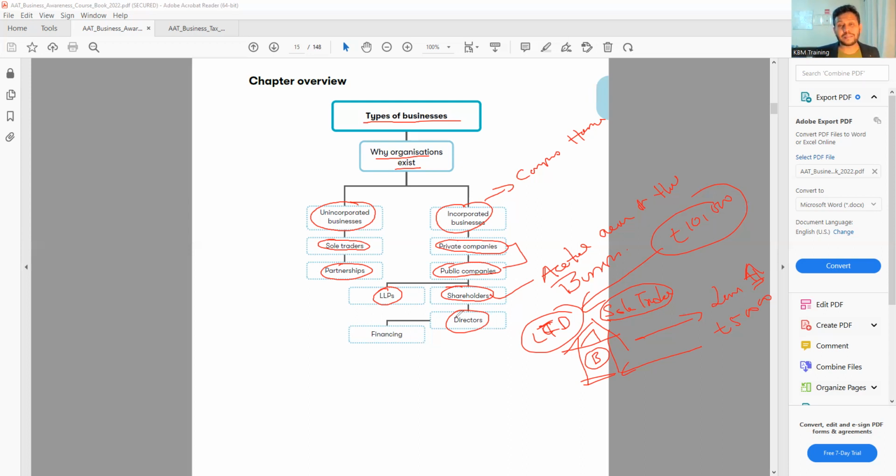So the business can buy the asset in the business name. We really don't have to use the director's name, because the director is like an employee. They're working today, tomorrow they can leave, so obviously they will not take the asset with them. They don't need the director at all to buy it. But to fulfill all the responsibilities and compliance, this is the director's job, and the director will be accountable for that.